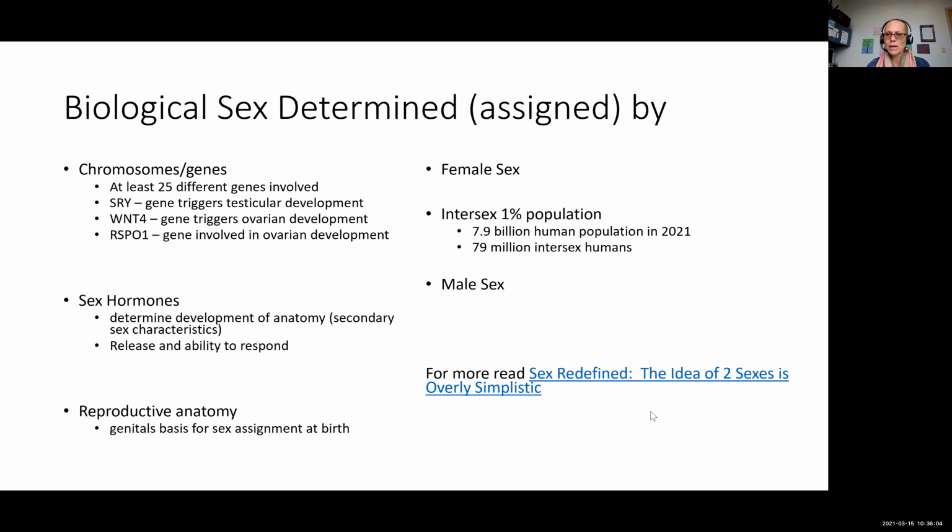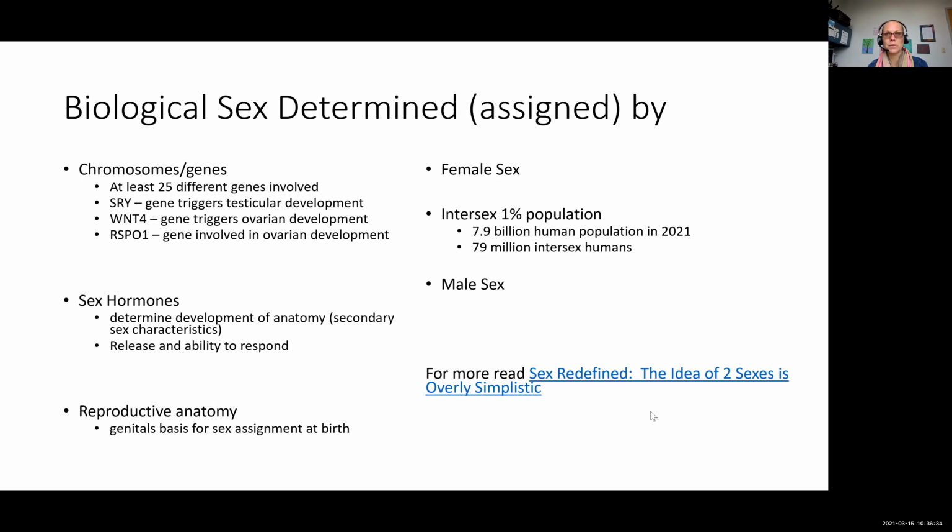As we talk about the human reproductive system, it is important to pay attention to how biological sex is determined, or in a lot of cases, we can talk about this as being an assignment. When we look at humans, we see that sex is determined by chromosomes, sex hormones, and reproductive anatomy.